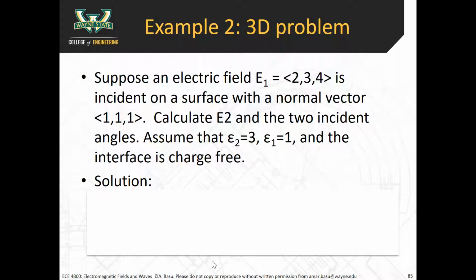What we're going to solve for here is alpha 1, the angle between E1 and the surface normal vector. How do we find that? Inverse cosine of E1n over E1.